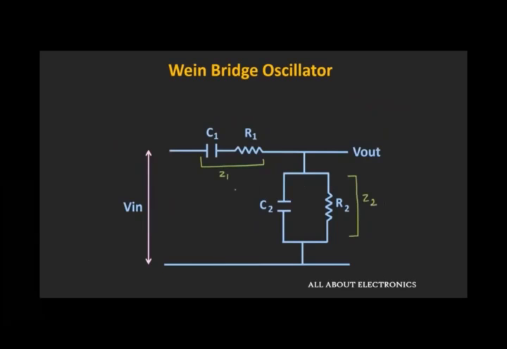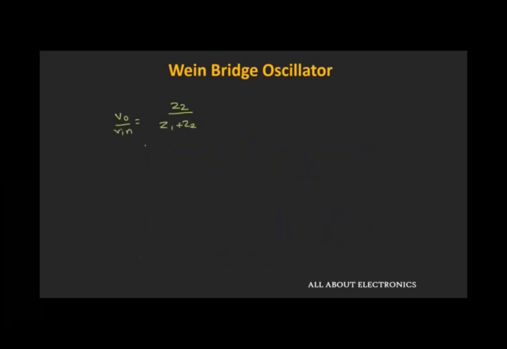Now for this RC network, the output voltage Vout can be given as Z2 divided by Z1 plus Z2 times the input voltage. Or we can say that Vout by Vin is equal to Z2 divided by Z1 plus Z2.